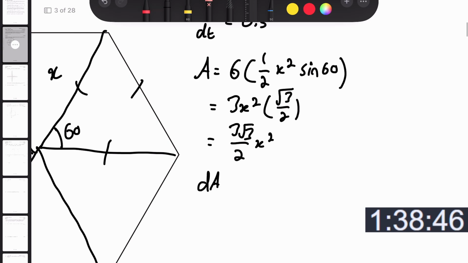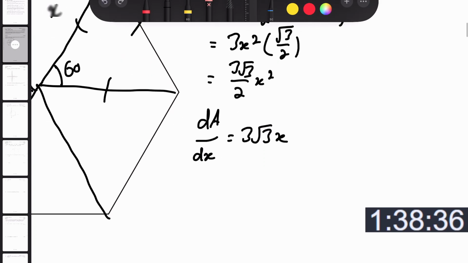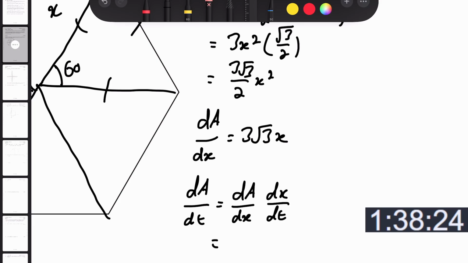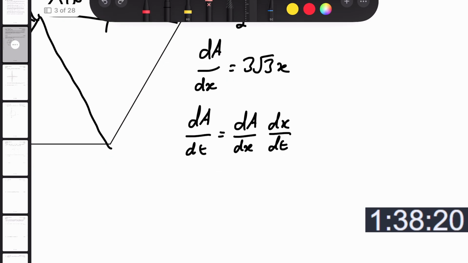So we have that dA/dx is going to equal 3 square root of 3 x. So then dA/dt is going to equal dA/dx times dx/dt, which is going to be 3 square root of 3 x times a half. Okay, wait.